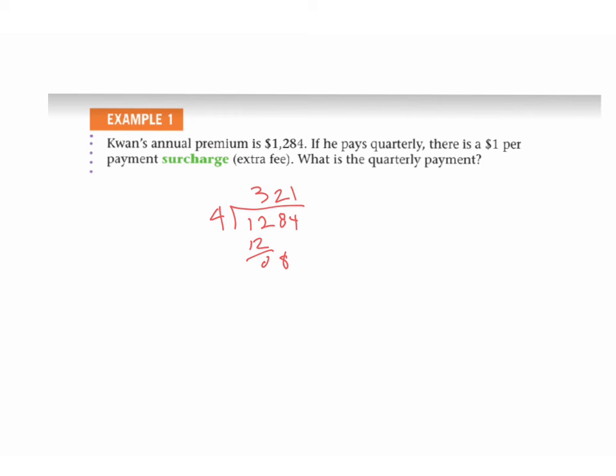Of course, we have to remember that if he's doing the quarterly payments, it's 321 plus 1. So his quarterly payment is $322. Get that down and we will proceed to the next slide.